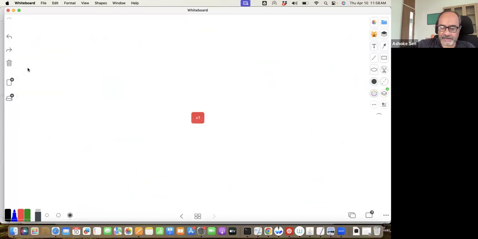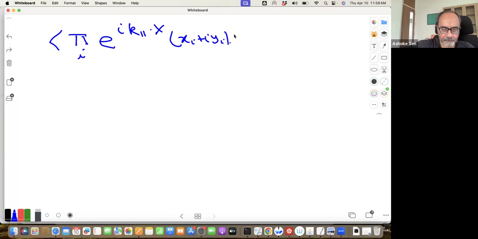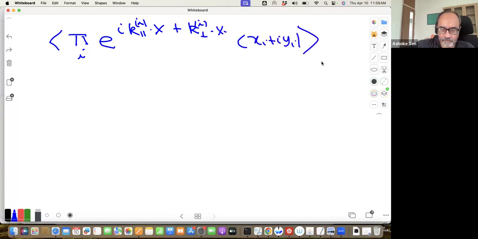Okay, so let me give some examples. Imagine that we have some products like this, product over i of e to the i k parallel dot x of x_i plus i y_i, in the upper half plane. There may be ghost insertions, because otherwise, of course, the result will be 0.